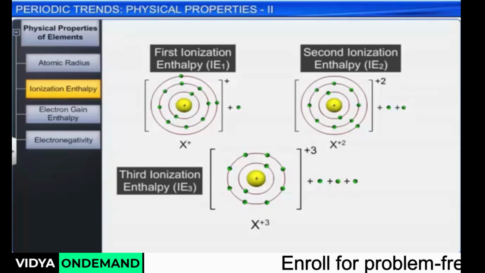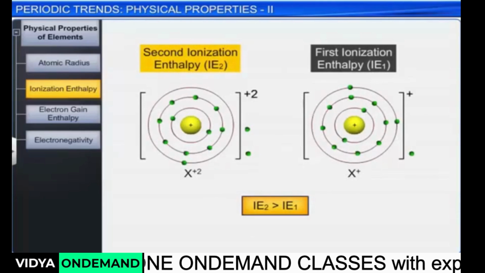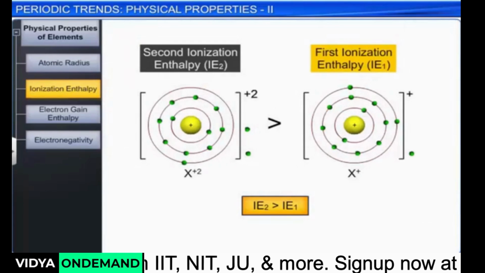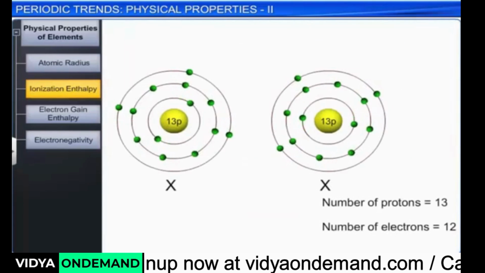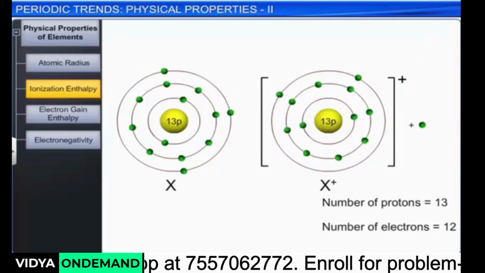The second ionization enthalpy will always be higher than the first ionization enthalpy. This is because, on removing an electron, the unipositive ion formed will have more effective nuclear charge.